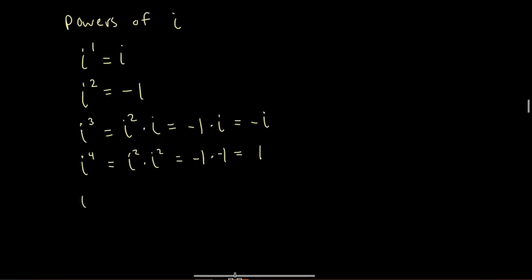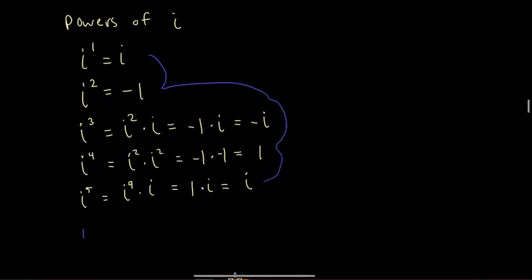Now if I go to i to the fifth, I really have i to the fourth times i, and we just said i to the fourth is 1, so 1 times i means i to the fifth is equivalent to i. And there's your pattern: I started at i, went to negative 1, to negative i, to 1, back to i.